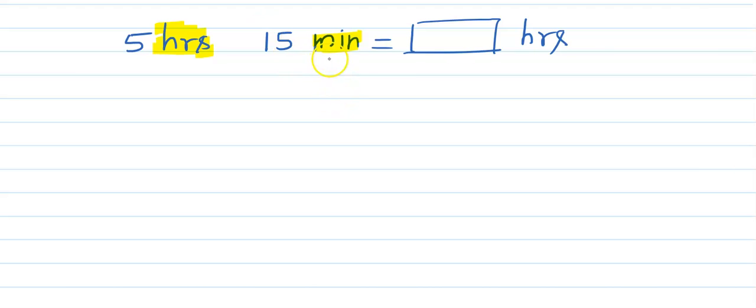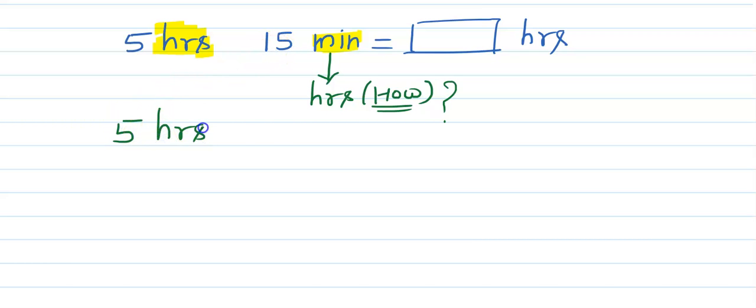So our main aim is to convert minutes into hours. But how? We'll divide by 60. So 5 hours, and 15 divided by 60. No need to write minutes here, it will be hours.